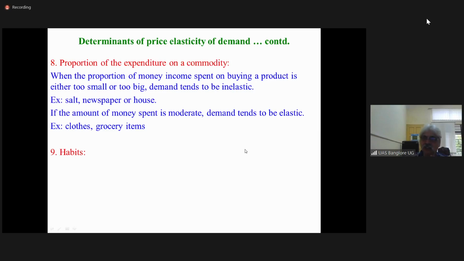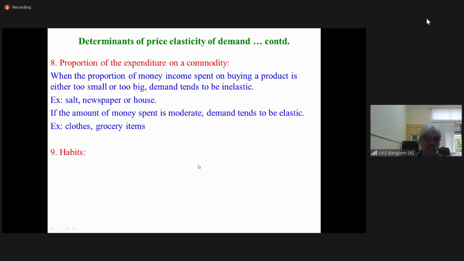If you are habituated to cigarette smoking, then even if the price per packet goes up by 10 rupees, you are ready to pay, because without cigarettes, you think your brain doesn't work at all. So you want to think, you want to do some work. If you are addicted to cigarettes, then you feel like lighting a cigarette before you start the work. In such cases, even if the price goes up, you are forced to pay that.